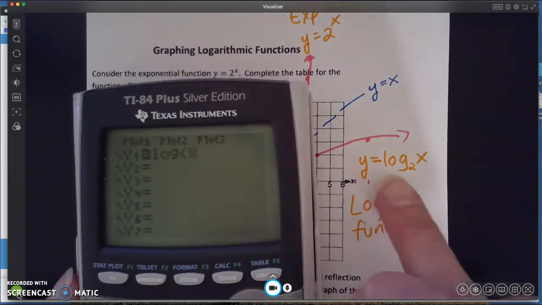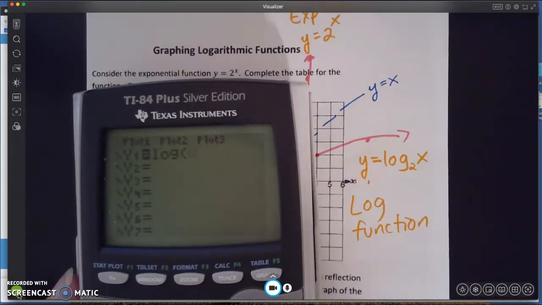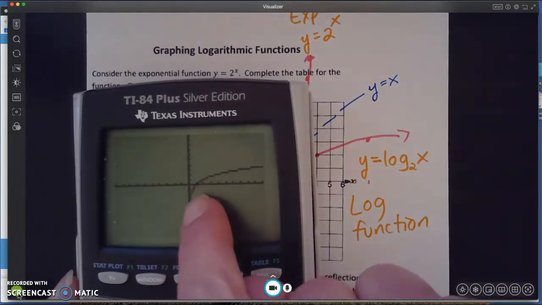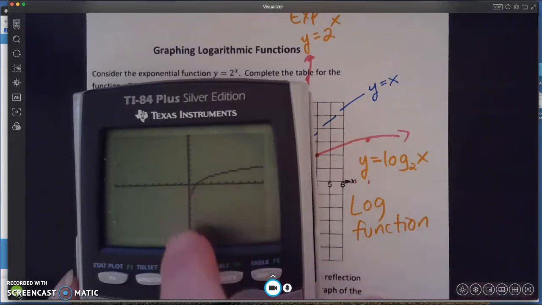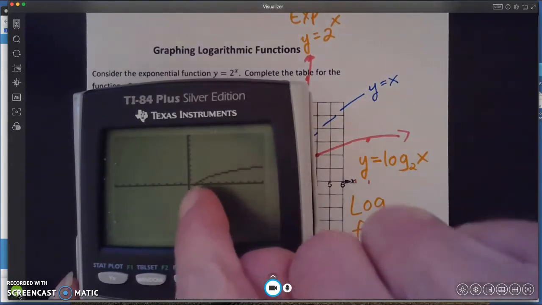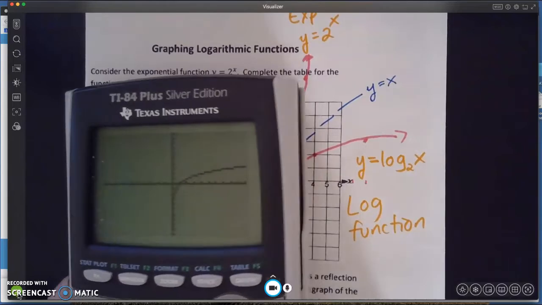Now in this one, because it's log base 2 of x, I would just have to go log x first, divided by log 2. And there we go. Same thing that we got. It doesn't stop right there, but you just can't see it because it's not zoomed in very well. And some of these older models don't show it very well. It makes it look like it stops, but it doesn't.